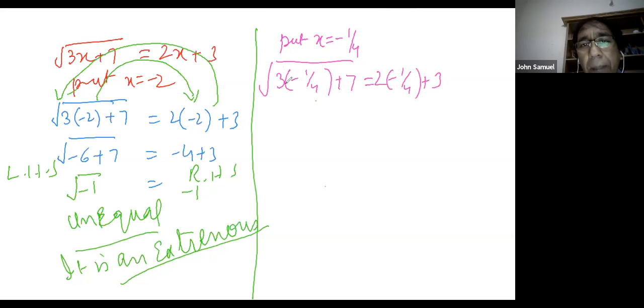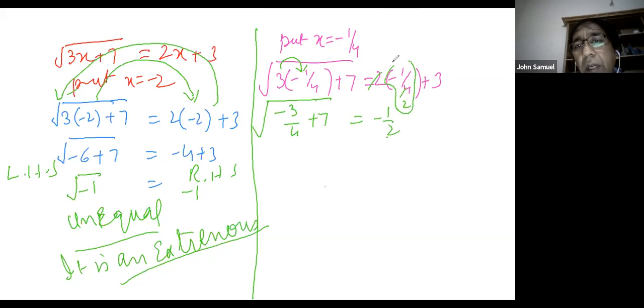Now what would happen? This will not cancel, so we'll multiply this value with this one. This will become the square root of -3/4 plus 7 is equal to, this will cancel by this, we'll get -1/2 plus 3. Hope you are getting it.